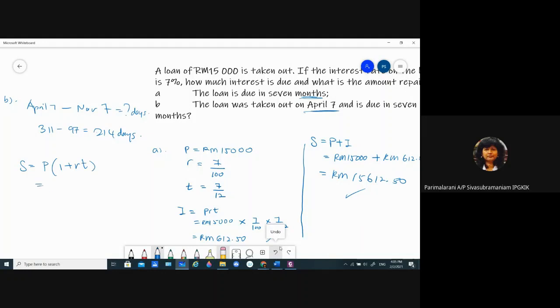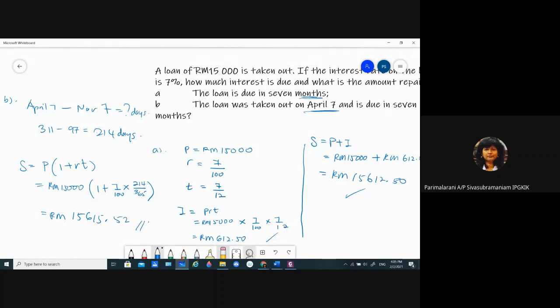So our P is 15,000 into 1 plus R is 7 over 100 times by our T is 214 over, if we are using exact dates, is 365. Usually we try to use exact dates. So you will get 15615.52.